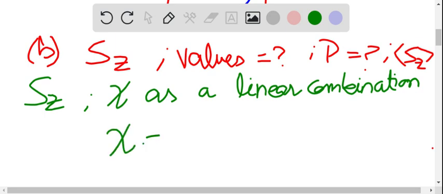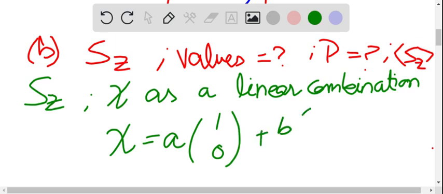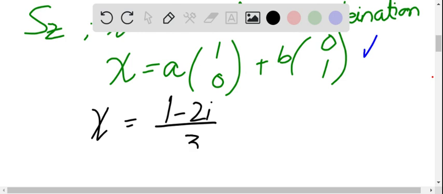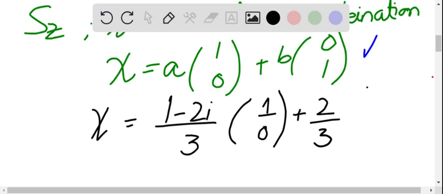So we had chi equal to A (1, 0) plus B (0, 1). Now we compare this with the given equation, equation number 1, so that we get chi equal to (1 negative 2i) divided by 3 times (1, 0) plus 2 divided by 3 times (0, 1).